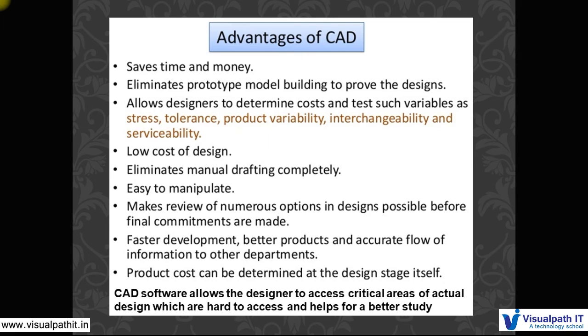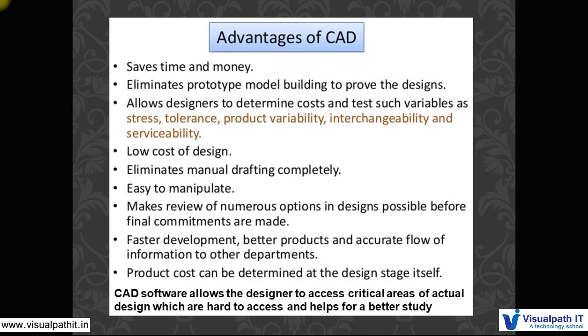Makes review of numerous options in design. Here you won't be having any errors, and it is easy to update. It makes review of numerous options and designs possible before final commitments are made. Since you can easily manipulate the design, you can get multiple versions and multiple variants.